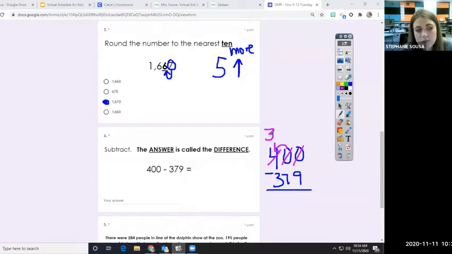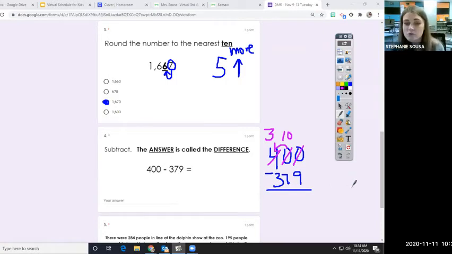This is going to become a 300, and now we have 10 tens. 300s plus 10 tens is still 400 because we have 300, 310, 320, 330, 340, 350, 360, 370, 380, 390, 400.